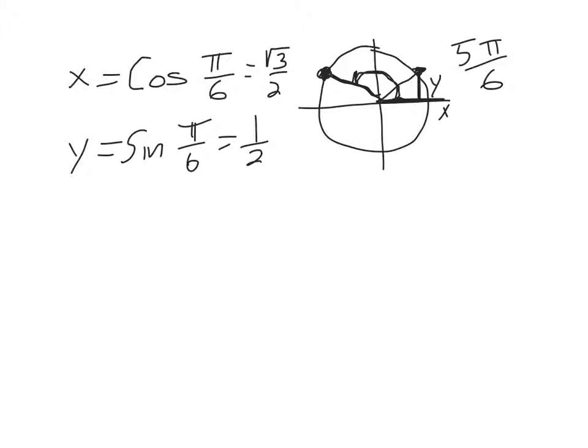And so the coordinates of that point, let me color coordinate this. The x-coordinate is going to be the cosine of 5 pi over 6, which is just the opposite of pi over 6. So I'm going to be going back a negative square root 3 over 2.